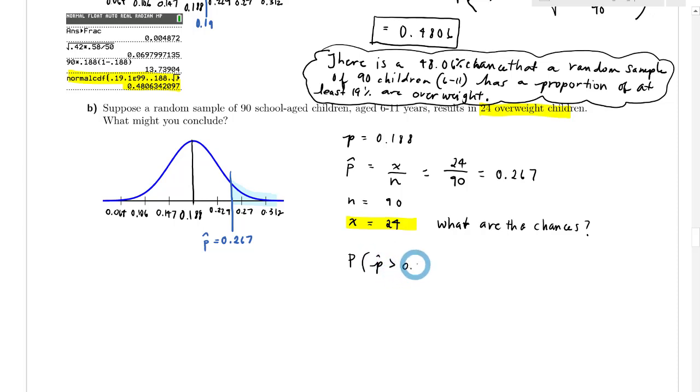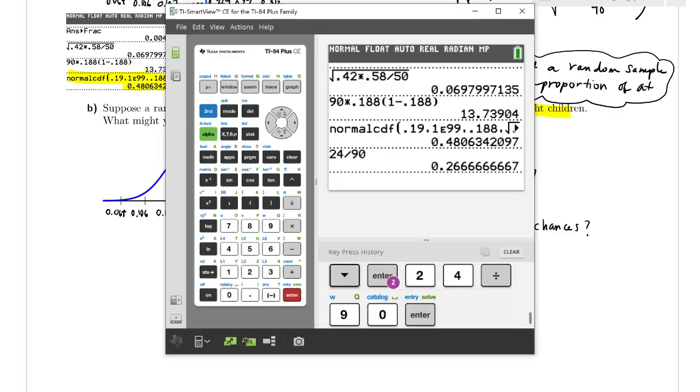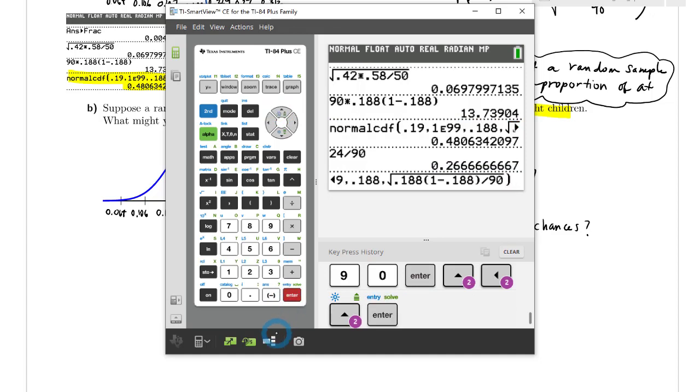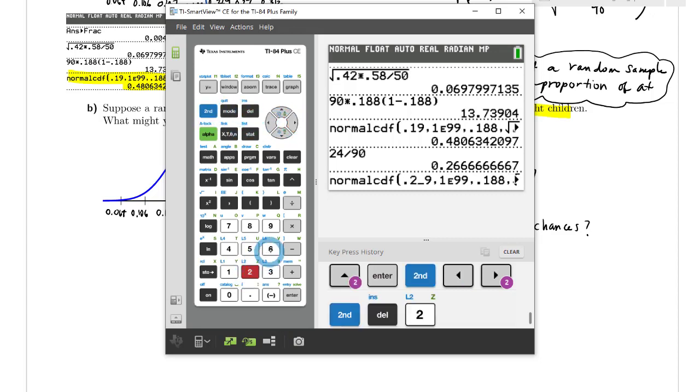So the probability that the sample proportion would be more than 0.267 is equal to, and again, we could do the normal CDF here. I guess I could just copy this. Let me go up, hit enter. And then I would go here. And then I'm going to the right still. So let me go ahead and just insert 267.